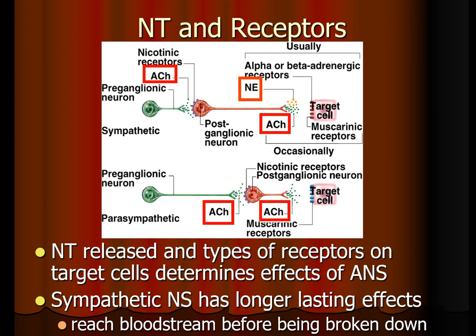Down here, is it a nicotinic receptor? It's a nicotinic receptor as well, because this is excitatory. This presynaptic neuron's telling the post to fire. This is telling the post to fire. So that's what they're showing us here. Acetylcholine crosses, tells this one to fire. Acetylcholine crosses, tells this one to fire.